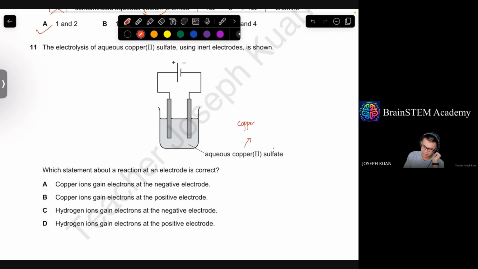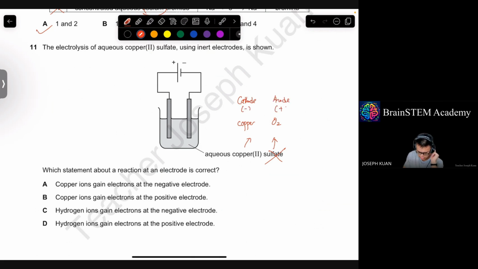And the priority list for anions at the anode, in terms of discharge, there will be oxygen. Sulfate will not get discharged, it will be oxygen. And there's no halides present that is concentrated. There are also no active electrodes present, so it should be oxygen. So you will get copper at the cathode, negative electrode.